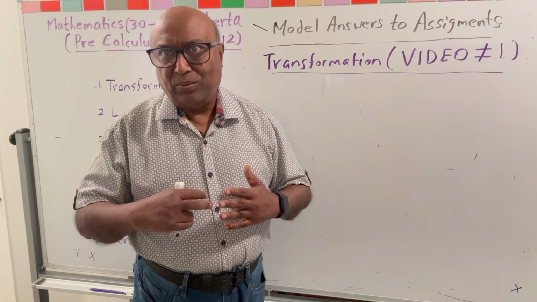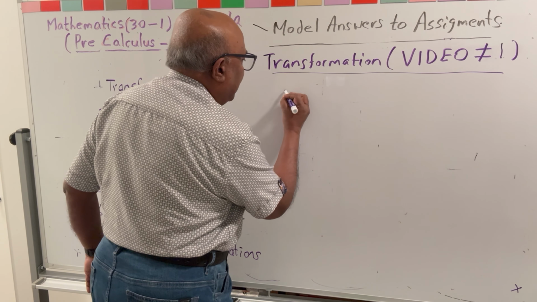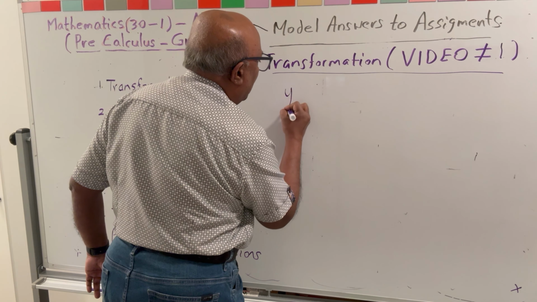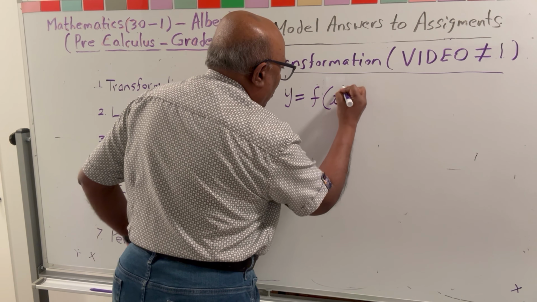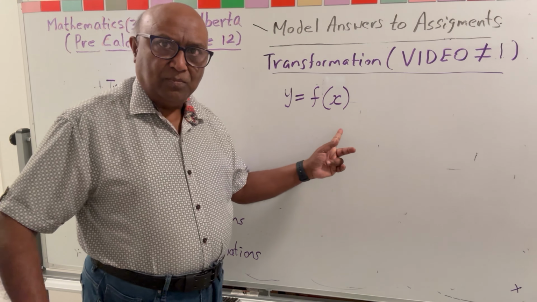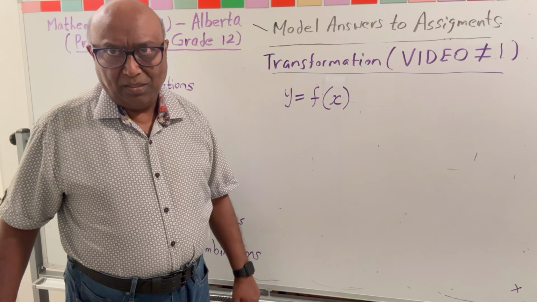Whatever the number of transformations doesn't matter. I am going to include everything under the single transformation. That is called combined transformation. Y equals f of x. Y equals f of x, this is the original function.